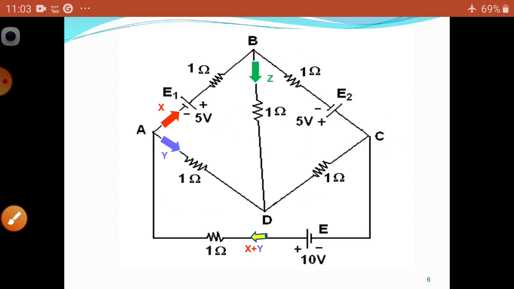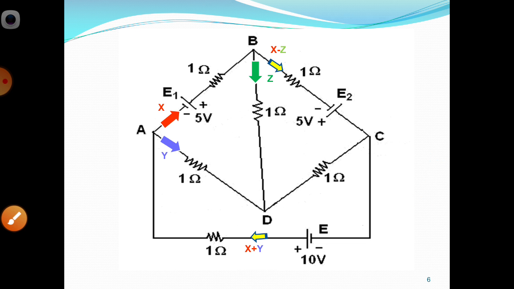Okay, so these are simple methods. Now this is X minus Z, this is Y plus Z, and this is X plus Y. So we arbitrarily assumed these currents.